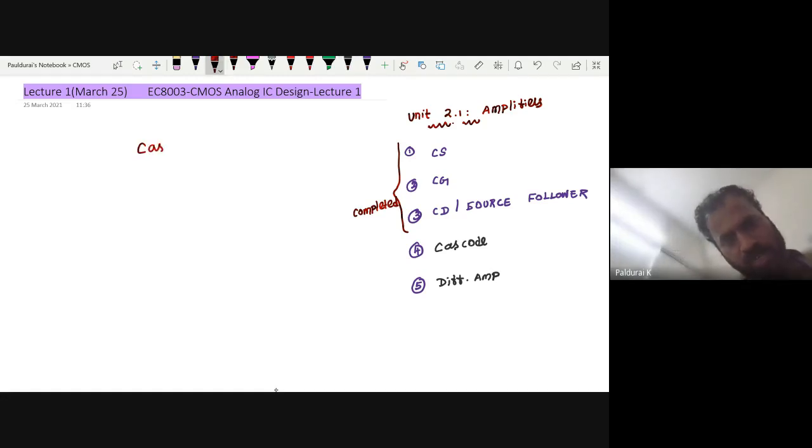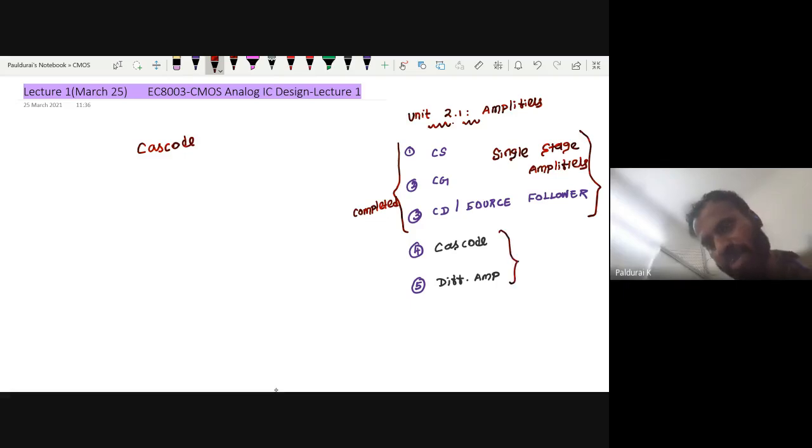Any doubt in single-stage amplifiers? These are all called single-stage amplifiers. The cascode as well as the differential amplifier come under multi-stage.